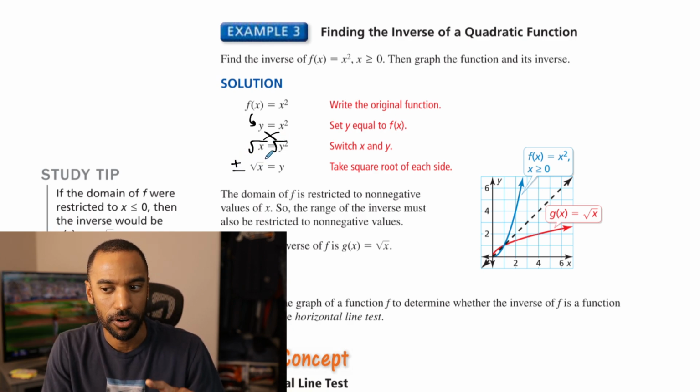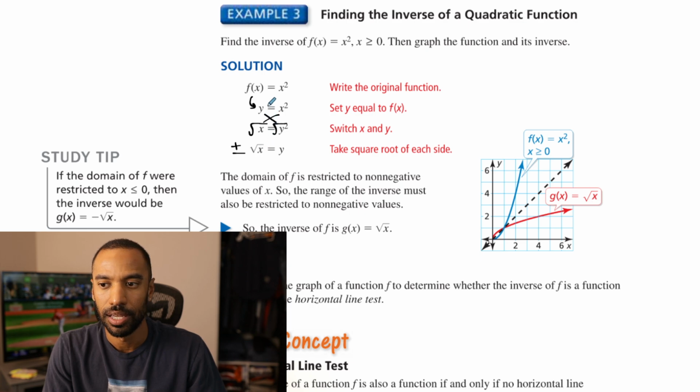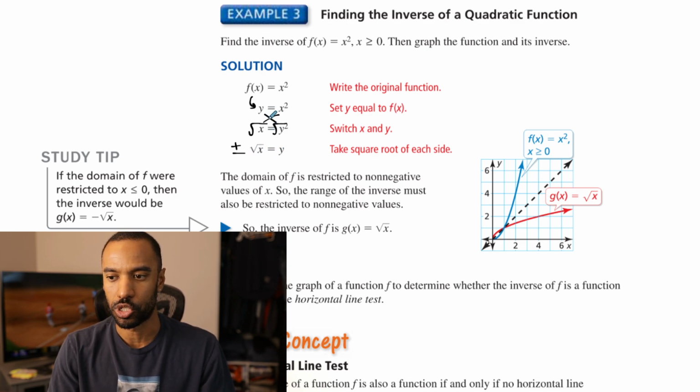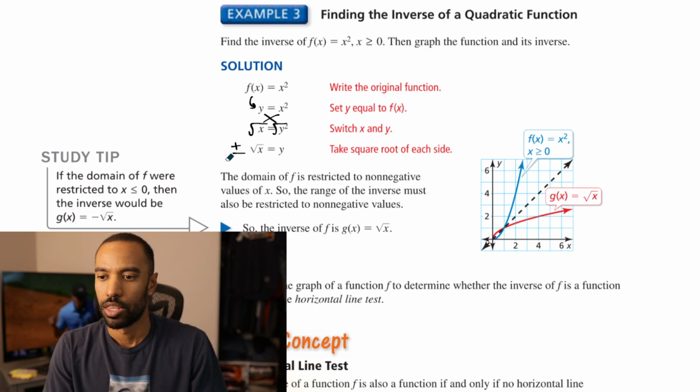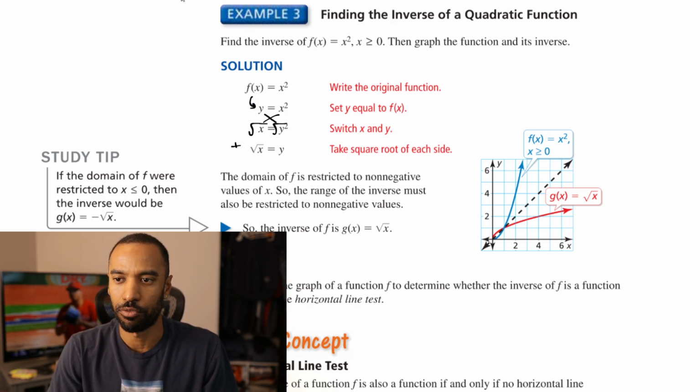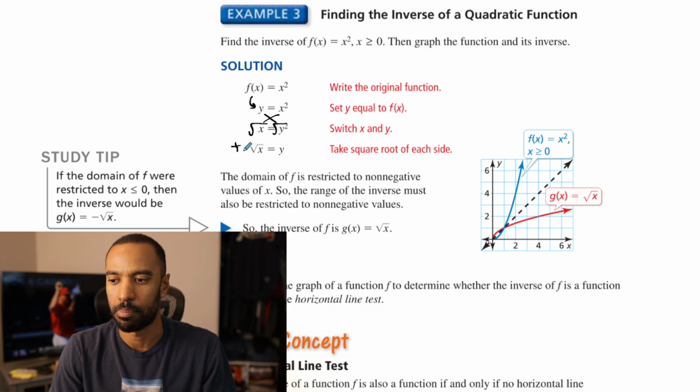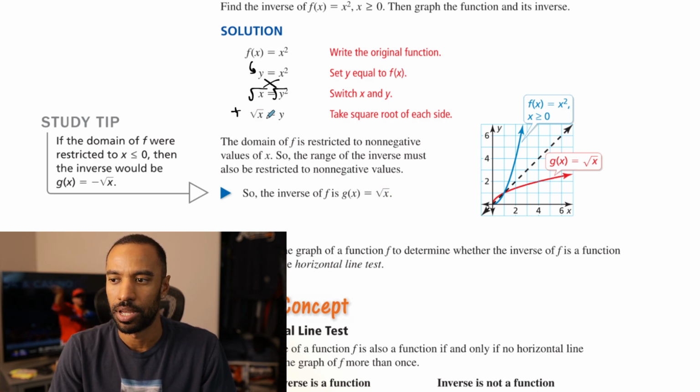However, the domain is restricted in the original problem. Therefore, the range is restricted here. We shouldn't have negative y's here if we couldn't have negative x's there, because remember, y came from what x was. So only positive square root of x. There is no negative square root of x.